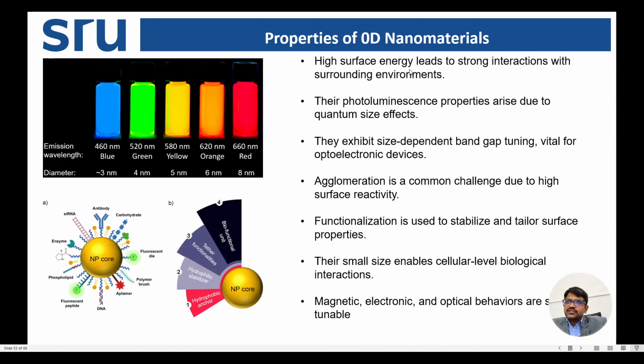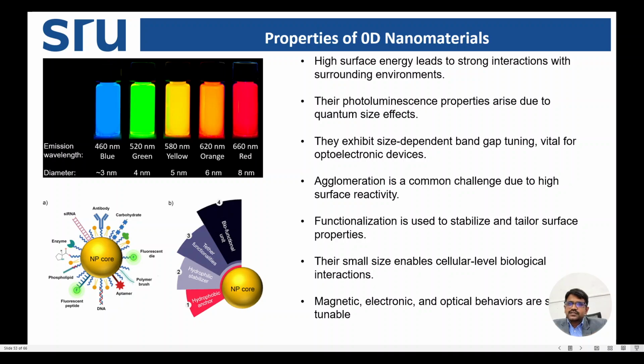High surface energy leads to strong interactions with the surrounding environment. Because of this high surface energy, it can react with the immediate surroundings. For example, if you disperse nanomaterial into water, all these nanoparticles immediately react with the water molecules.